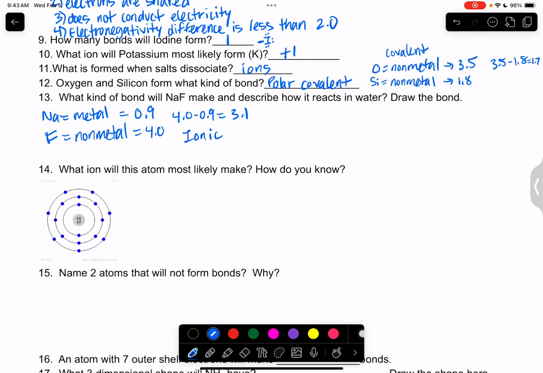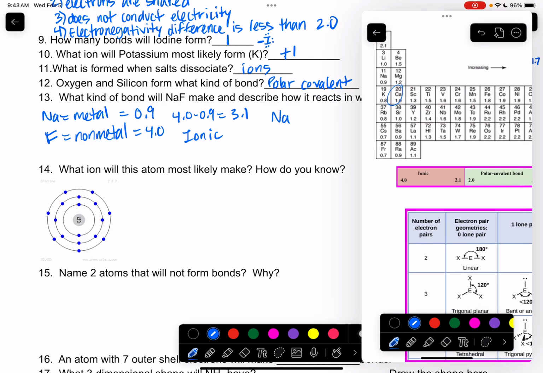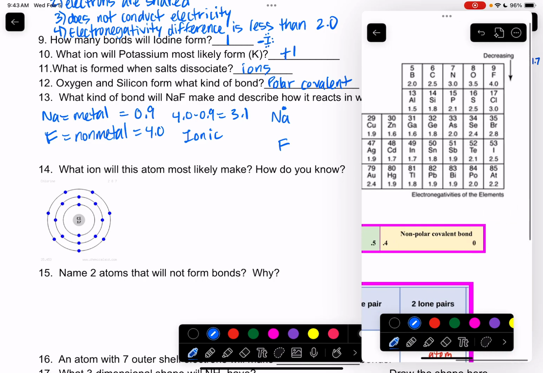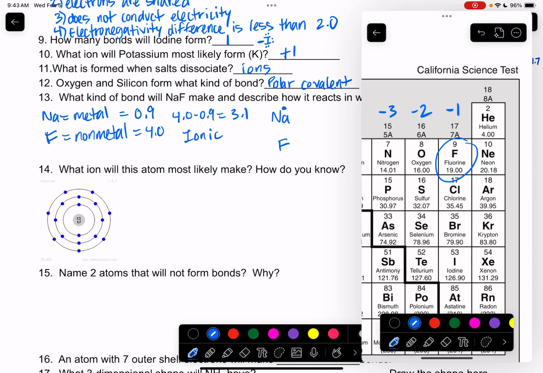And now let's draw the model for this. If we're going to draw the bond model, remember first we start by drawing the Lewis dot structure. Na is in group 1, so it's going to have 1 valence electron. F is in group 7, so it's going to have 1, 2, 3, 4, 5, 6, 7.